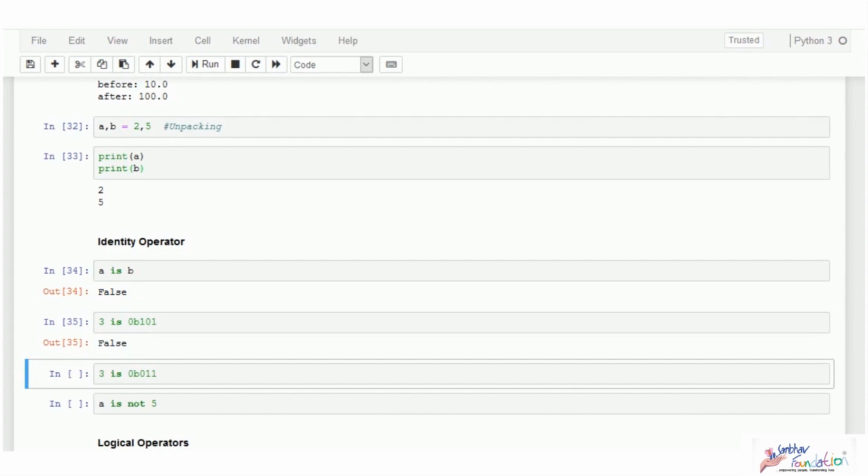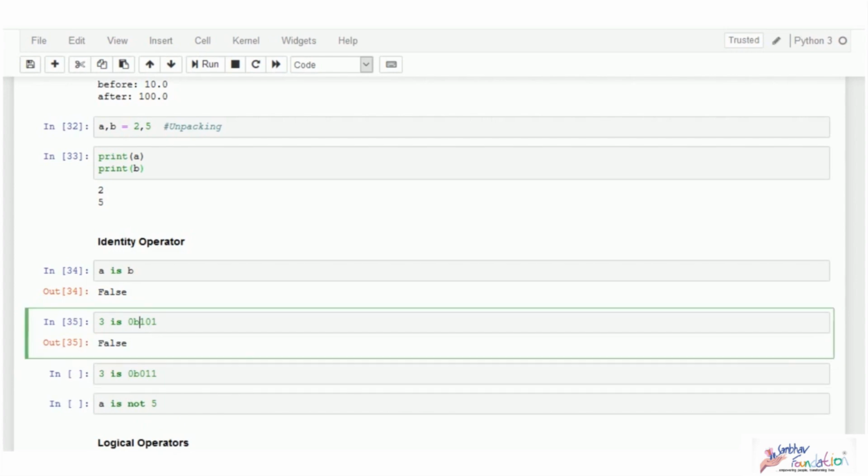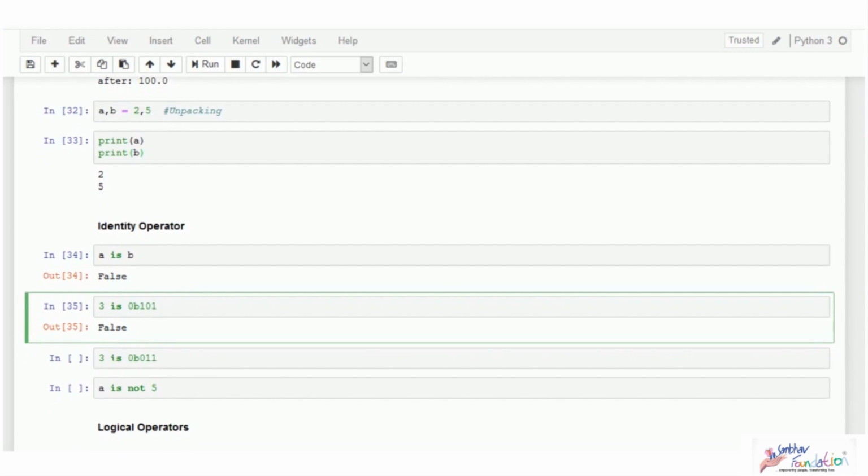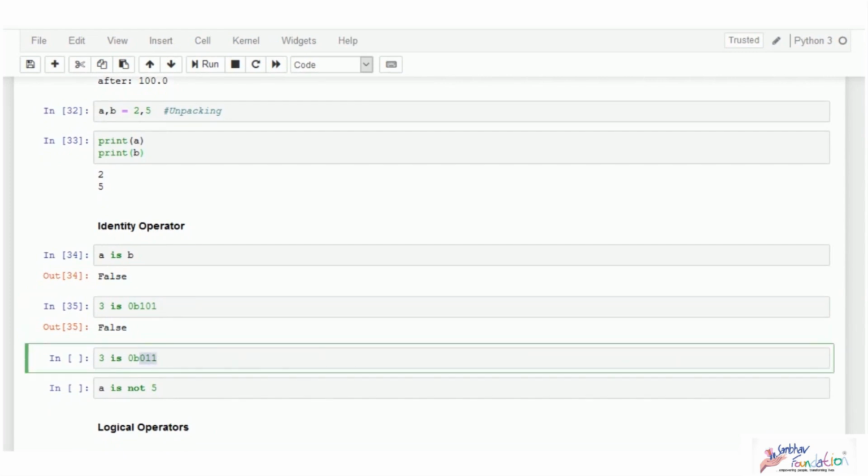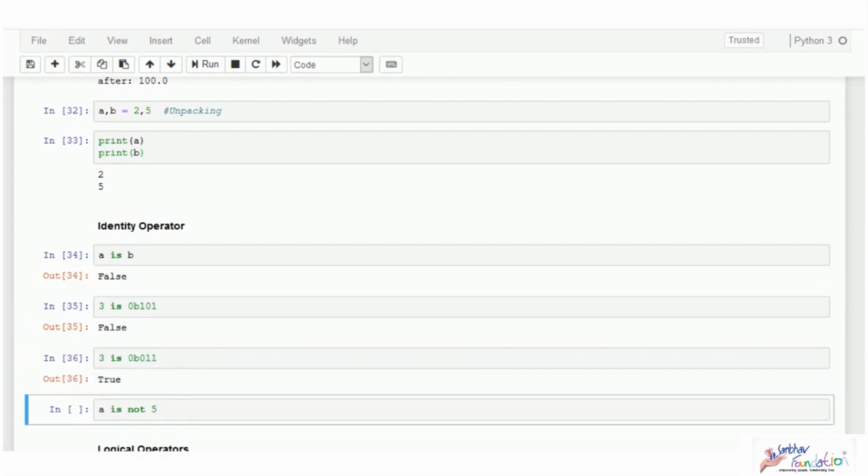Oh, sorry, I'm sorry, I made a mistake. 101 is actually 5, not 3, right? 3 is 011. So 101 is 5, so 3 is 5 is false. It's there in the next step. So 3 is 0b011. As I said, 011 stands for 3. So this is true. 3 is 3.